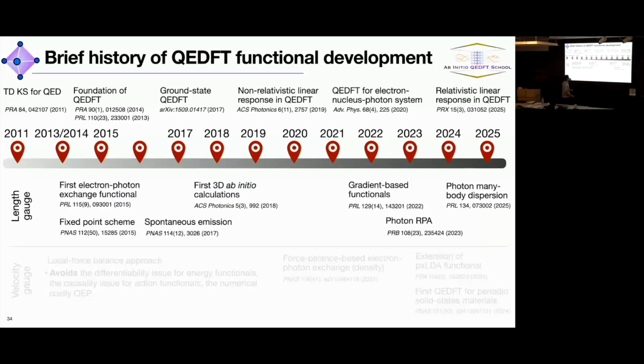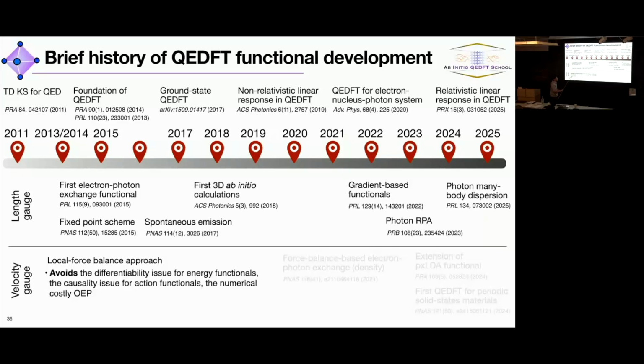Okay, so in the rest of the lecture, I'm going to focus on the velocity gauge. The way we are going to construct the functional is based on the local force balance equation. With this local force balance equation, you avoid some mathematical issues like the functional derivative issue.